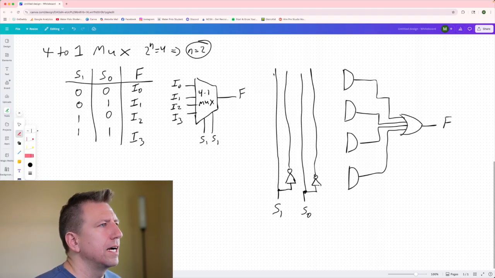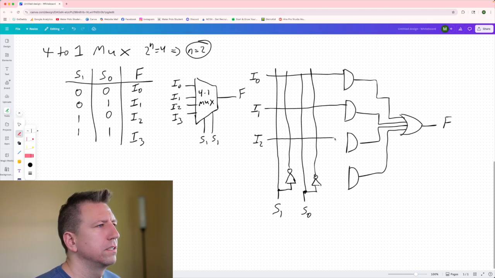And then we have our I's. So we have I0, it's going to go in right there. I1, right there. I2, there. And I3, we're going to have to kind of bounce it around a little bit here.